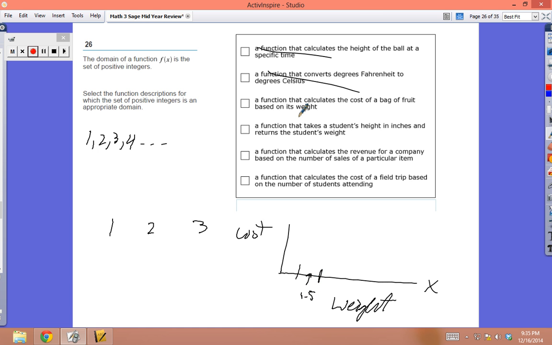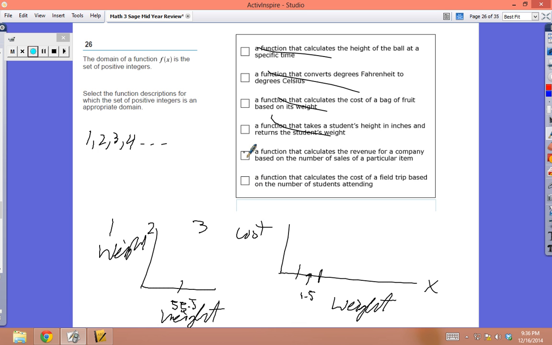That can exist, so that's no good. A student's height in inches and gives the weight. So that's the same thing. If you do height here and weight here, a student can be 55.5 inches. So that's no good.